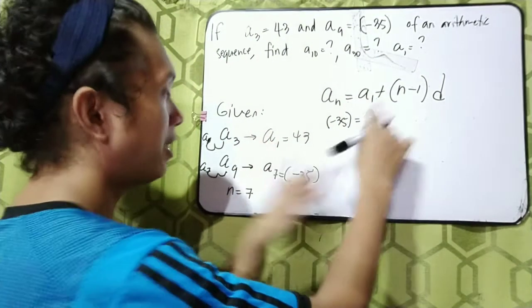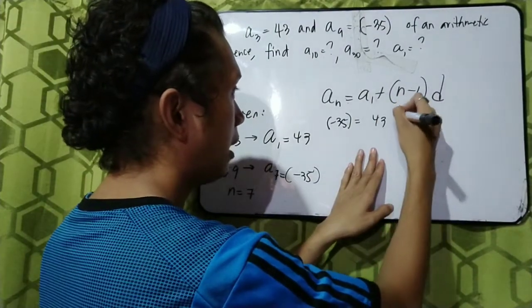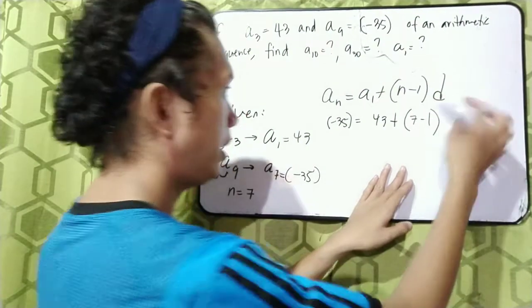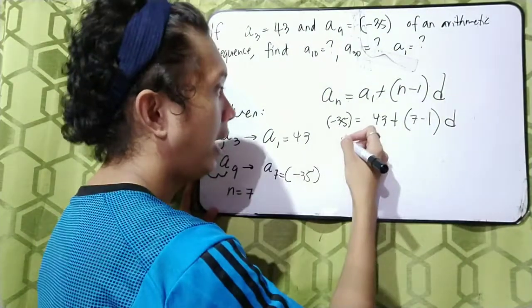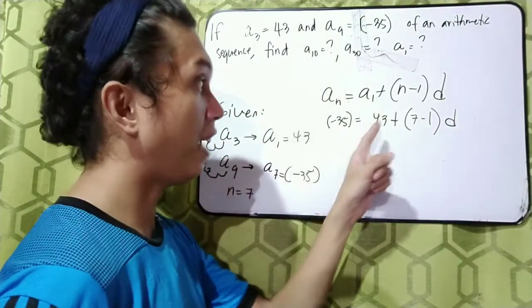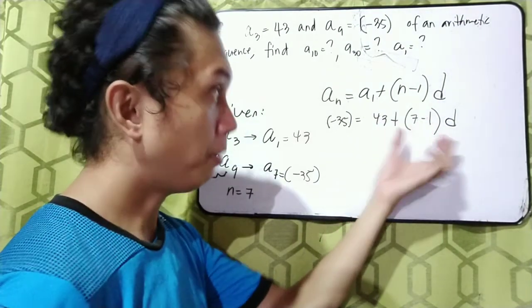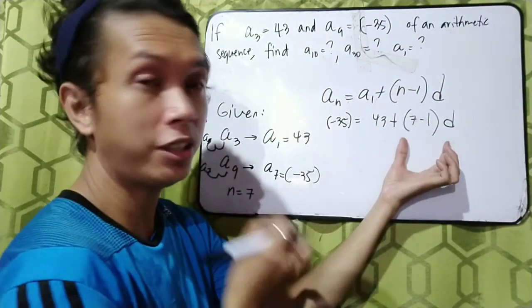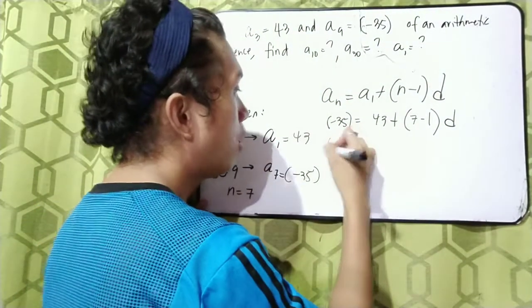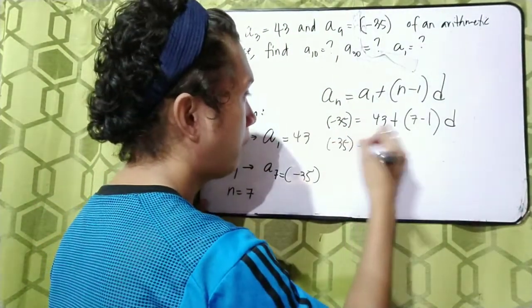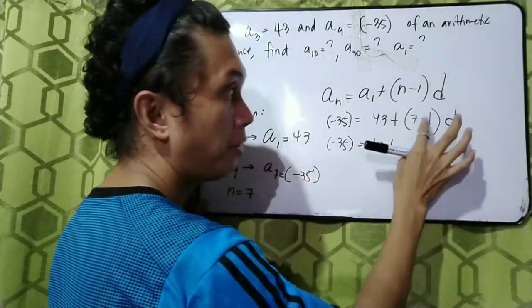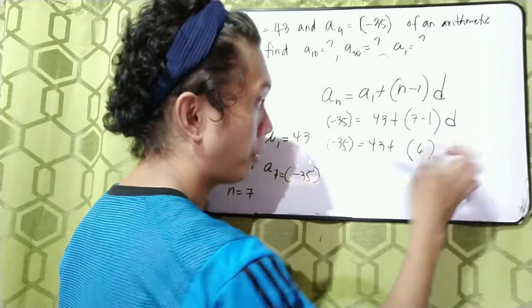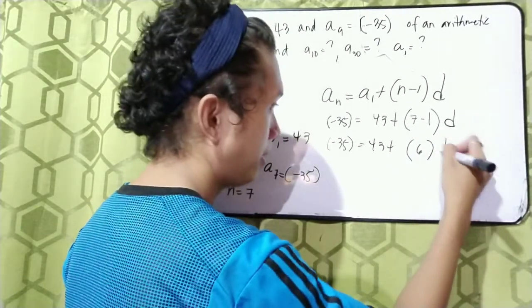Next, a sub 1 is 43 plus 7 minus 1 times d. Since we have addition and a parenthesis, and inside the parenthesis there is an operation, we should execute it first. So we copy all those numbers which are not affected, plus 7 minus 1, that is 6. We still have parentheses because there is d beside it.